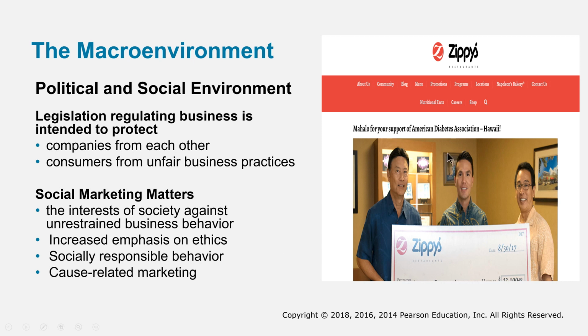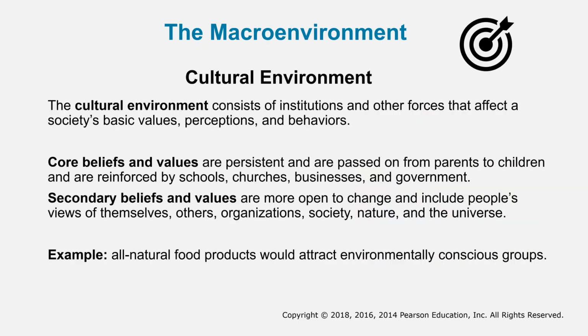So here's an example, they support the American Diabetes Association, and they're giving money away. If you go to Zippy's website, they're really, really proud of how much they give to the community and the culture. So they're about us and their community pages and their blogs. It's all about their legislation and societal marketing, and that's where their focus is right now. So I think they do a pretty darn good job of that.